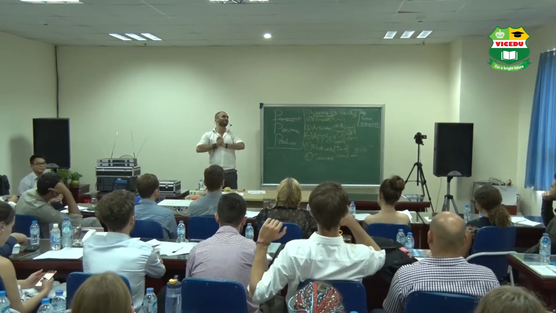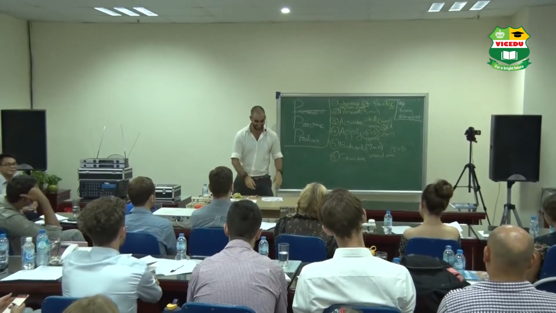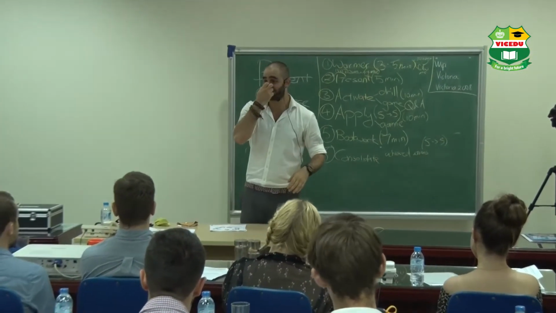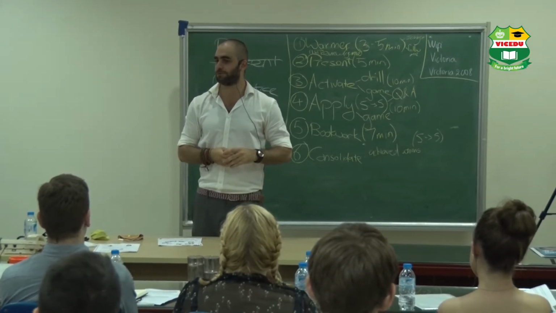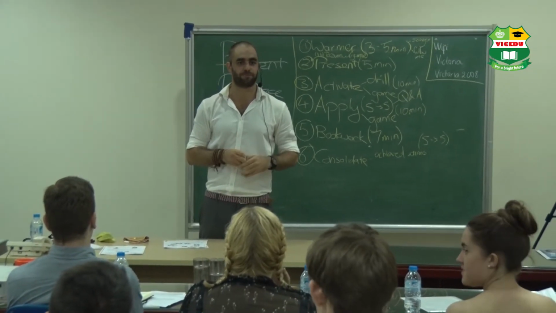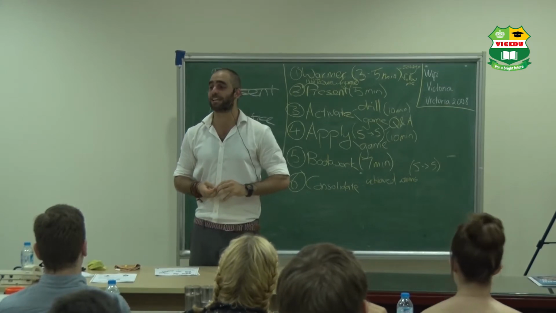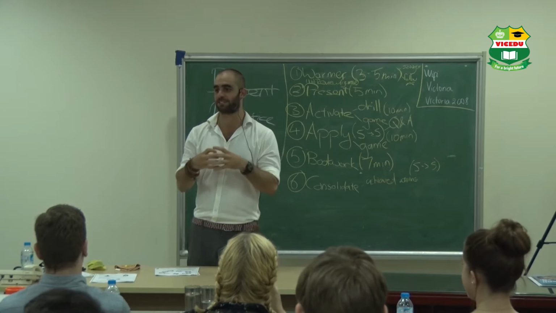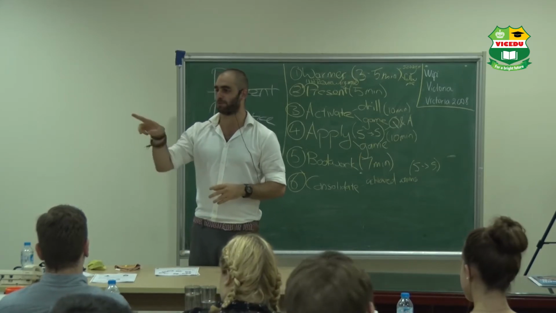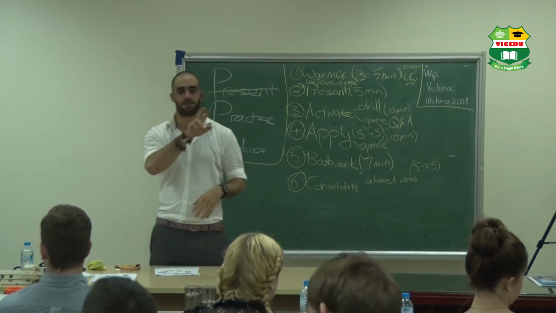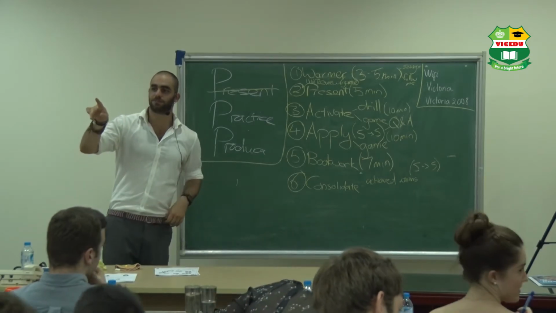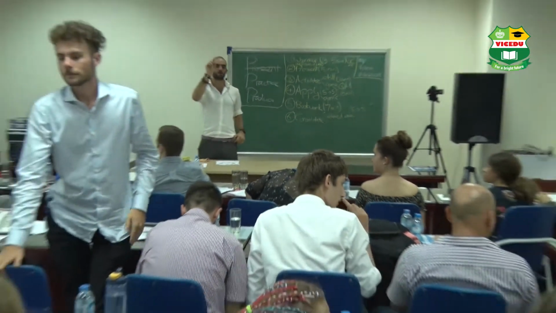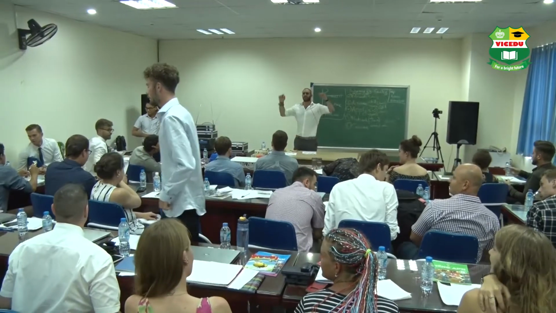Alright, now we're going to get into a little bit of fun, guys. So what I'd like you guys to do, I think there's 24 of you here today, is please get yourselves into groups of 6. So there should be 4 groups of 6 people. Okay.